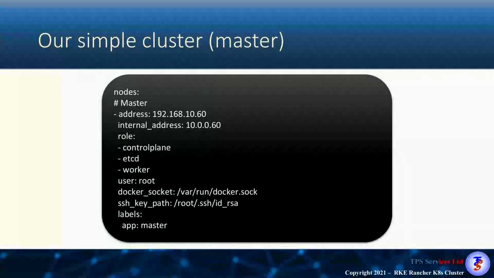The next part, the role, that defines what it is that we want our node to actually do. Now in this case my master has control plane, etcd and worker. At most we just need control plane and etcd, we don't need the worker for this purpose, but I put it in so that I've still got 3 nodes that can run. The user, this is the user that we're going to be SSHing as.